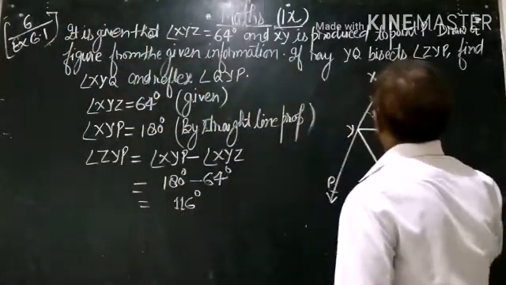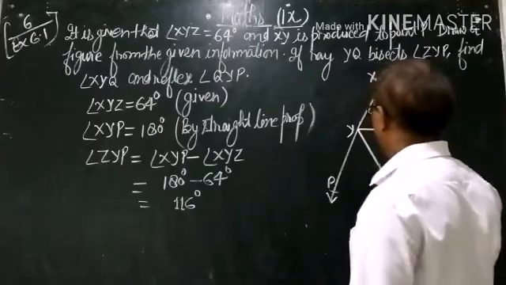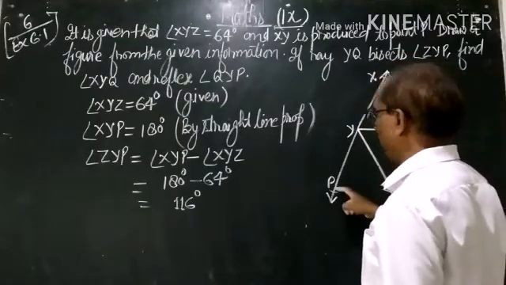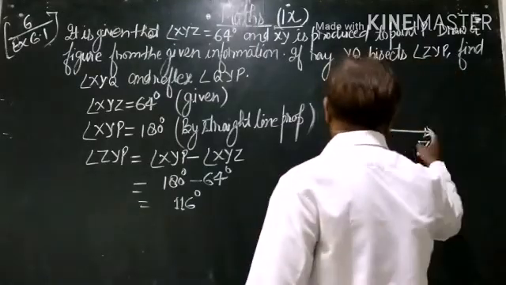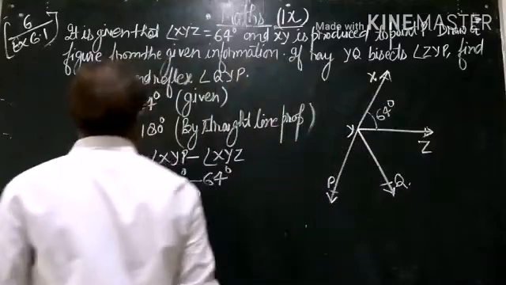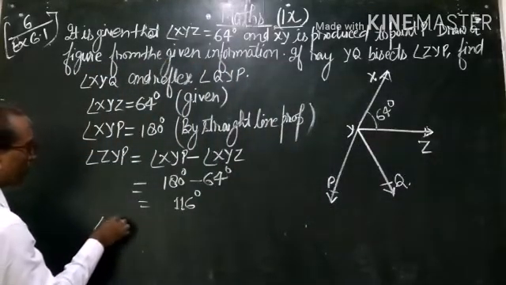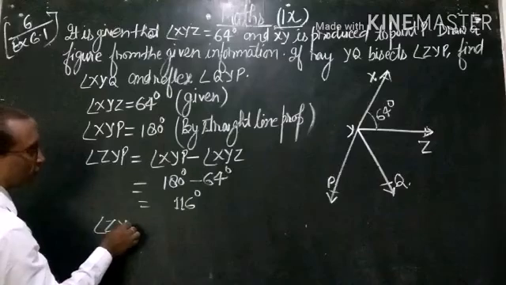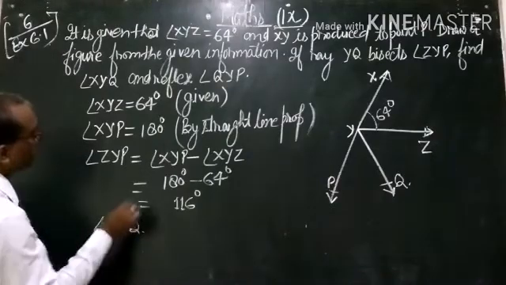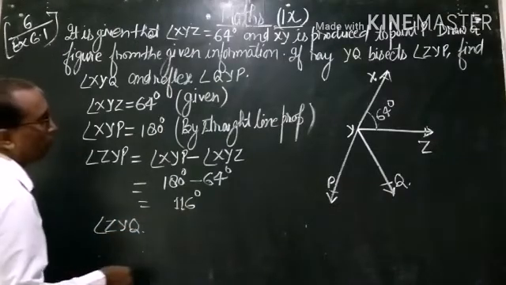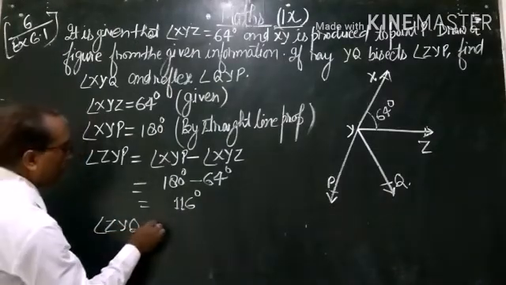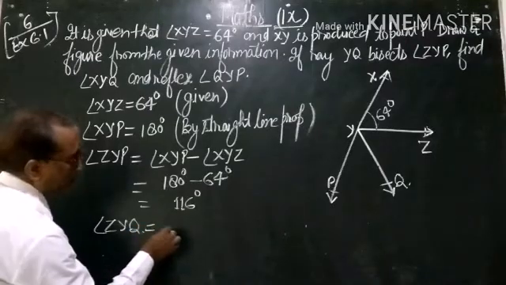Ray YQ, angle ZYP means angle ZYQ is equal to angle QYP.